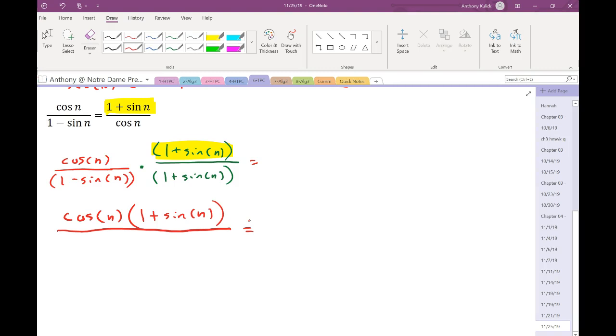Should I multiply that part out? Yes, because what's it going to give me? A Pythagorean, right? So if I use that difference of 2 squares, I'm going to get 1 minus sine squared n. If you don't trust me that that's what you get when you FOIL it out, you could FOIL it out for yourself. But I promise you that's what you get.